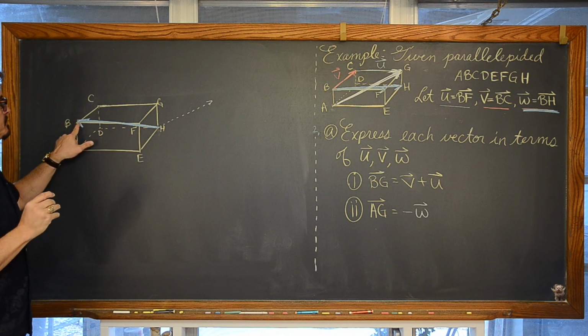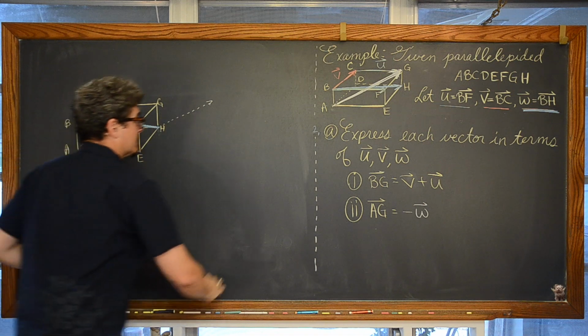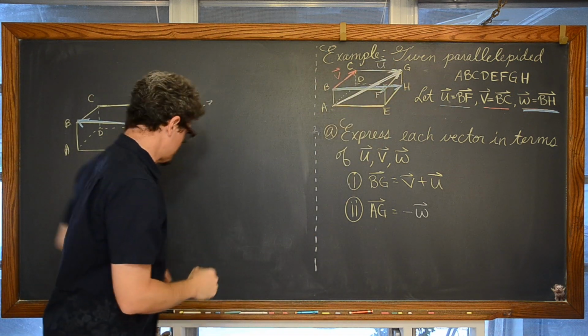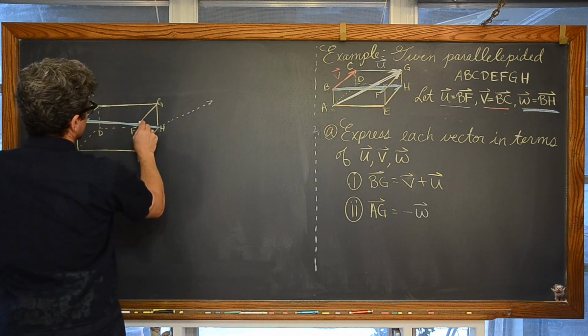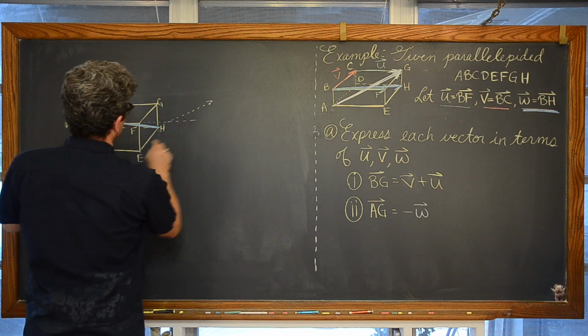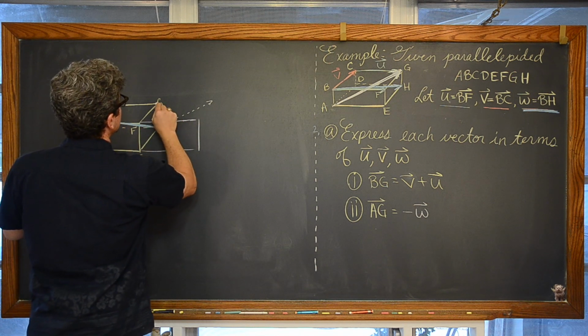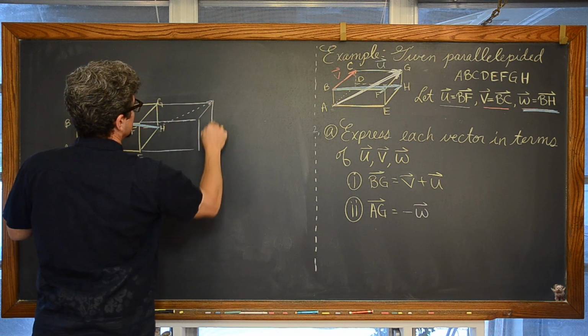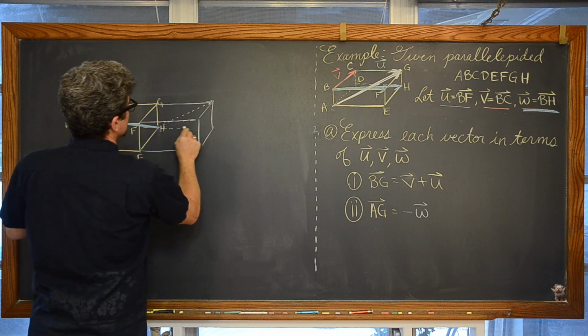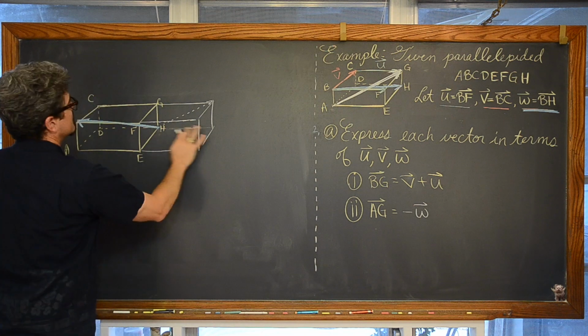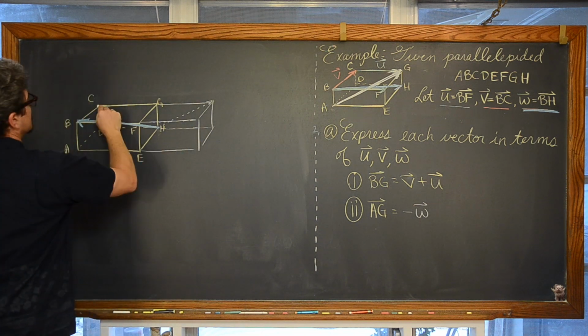This is my initial point. Now I'm here. Okay, well, I can only move with vertices of this parallelepiped. So what I'm going to do is I'm going to extend this diagram. I'm going to make this solid.